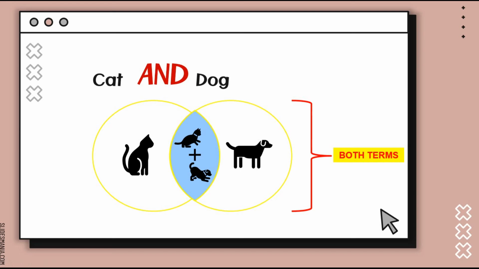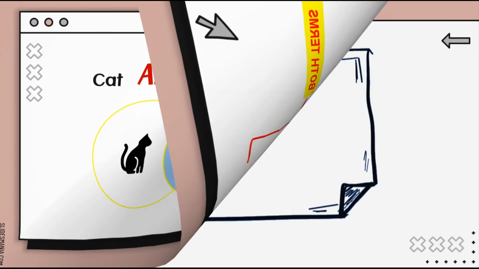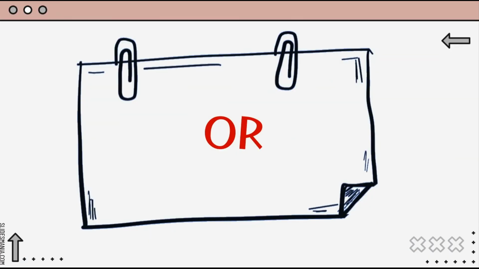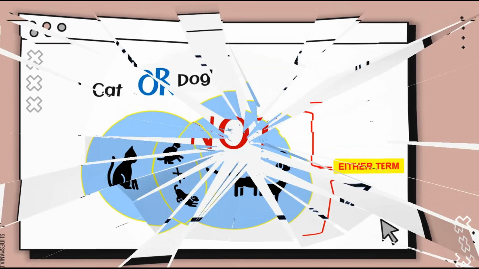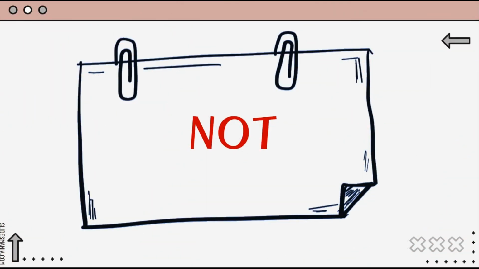However, if you want to expand your search, use the operator OR. For example, cat OR dog. This technique will allow you to retrieve results that contain the keywords cat, dog, or cat and dog. Finally, you can use the operator NOT to exclude keywords from your search results.